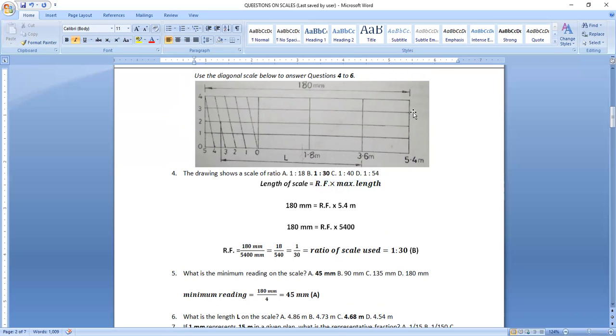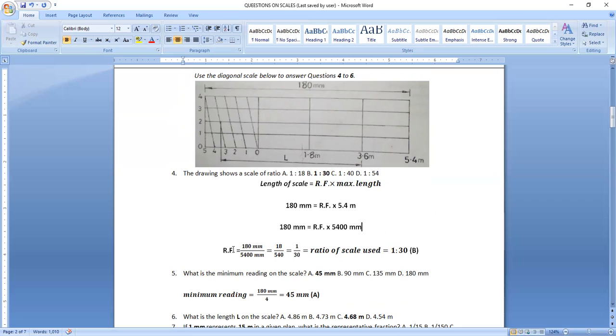The length of scale is 180 millimeters, as you can see here, and the maximum length is 5.4 meters. So we now have 180 millimeters equals RF times 5,400 millimeters.